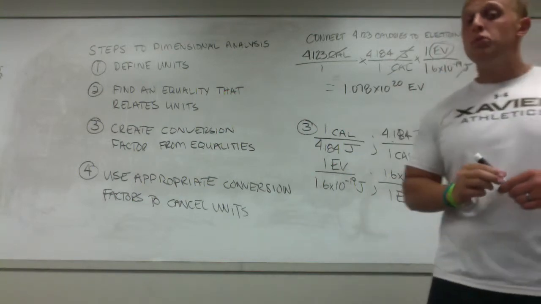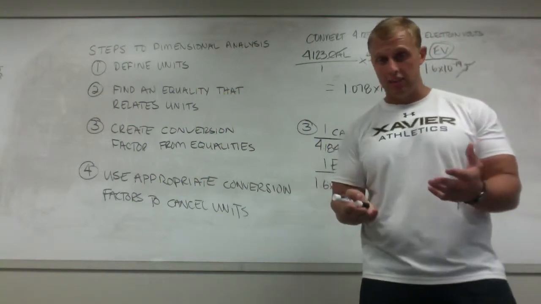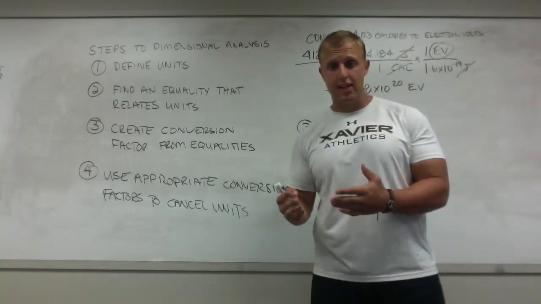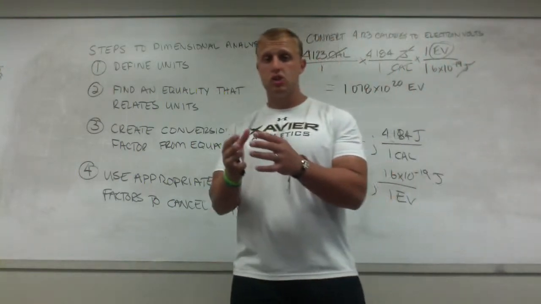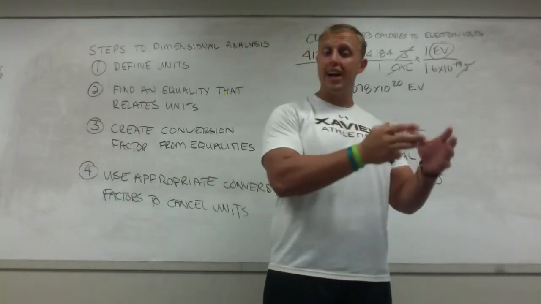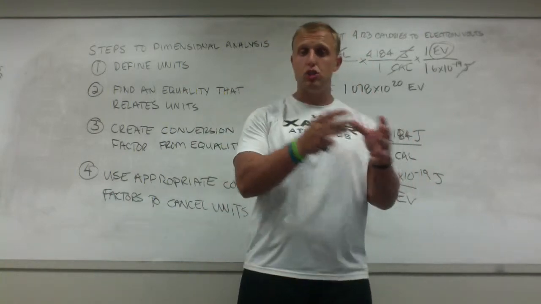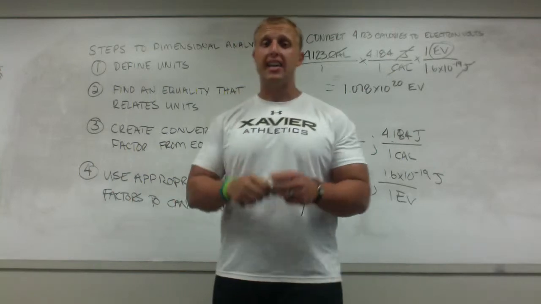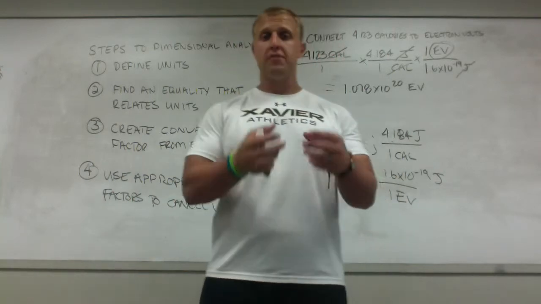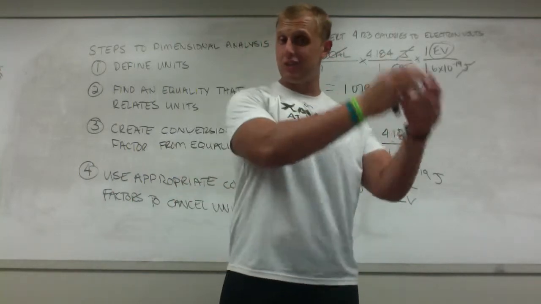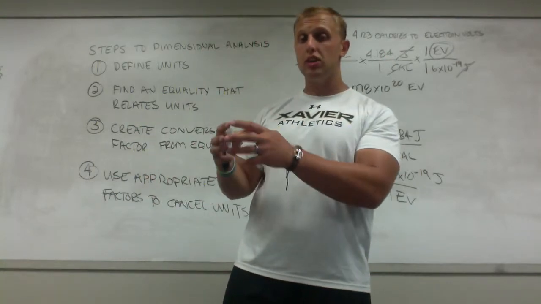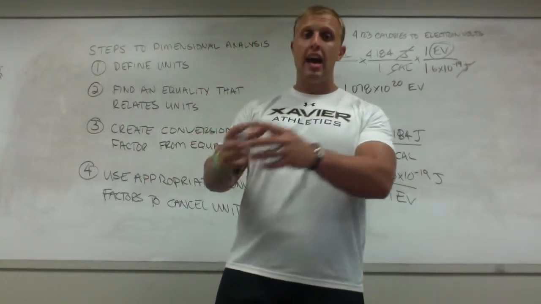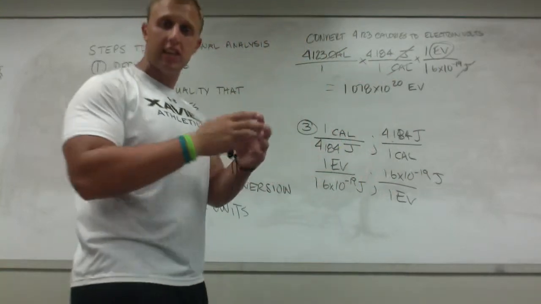Again, you don't need to know what the units mean, only the quality that it stands for. So if we have a unit that describes length, I can find an equality that relates two units that describe length, but I can't find an equality that relates two units directly that describe length and mass. I can't do that. So we need to define the unit, and then we can find an equality that relates those two units.